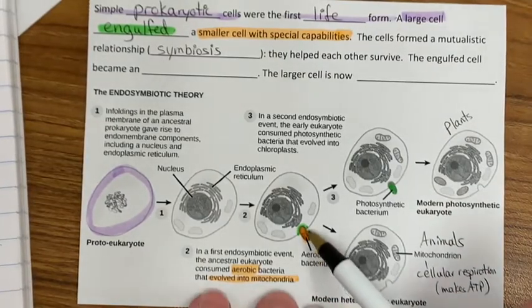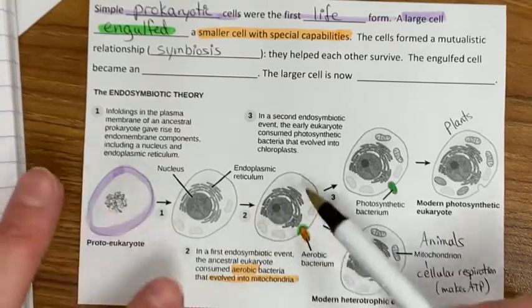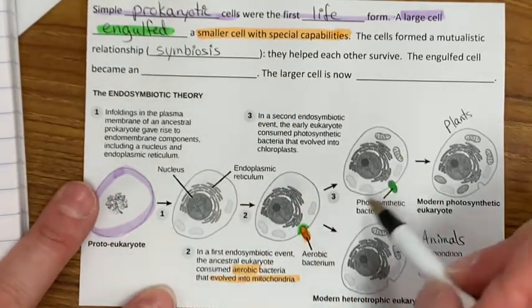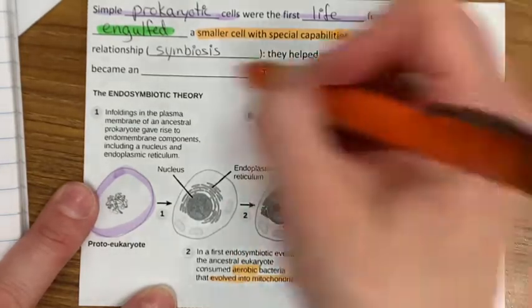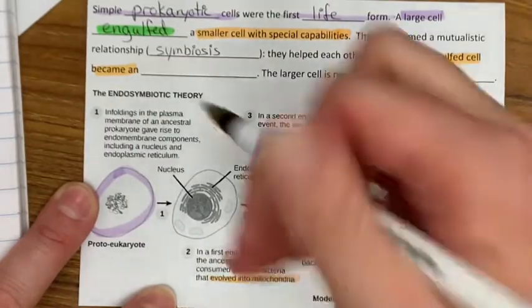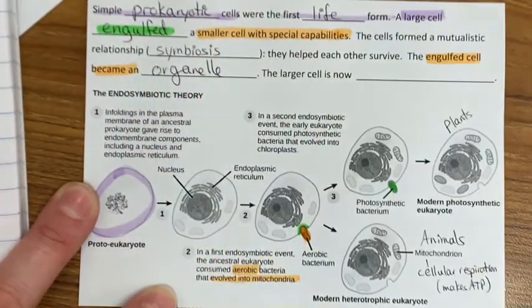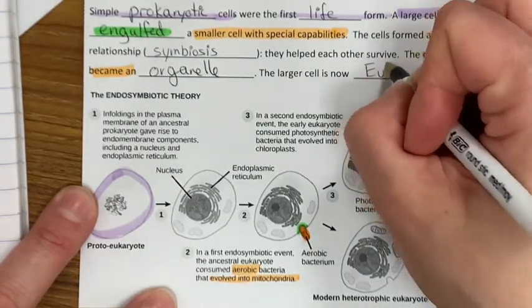Okay, but as this bacteria goes in, they were able to work together. They got this symbiotic relationship. They helped each other survive. So this engulfed cell became an organelle. The larger cell is now a eukaryotic cell.